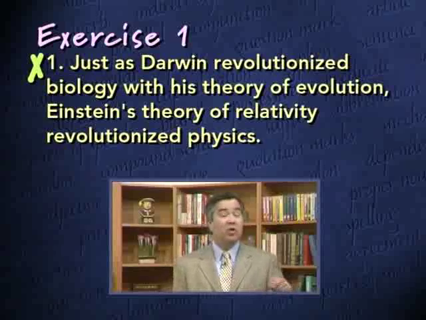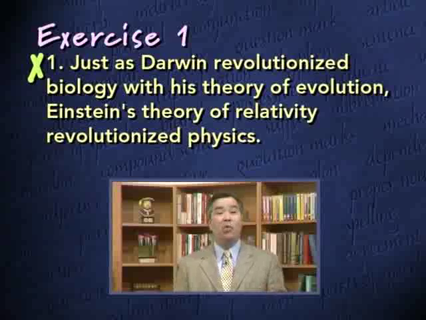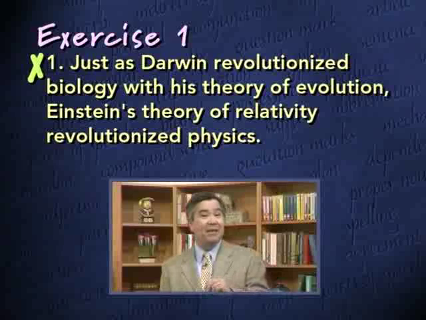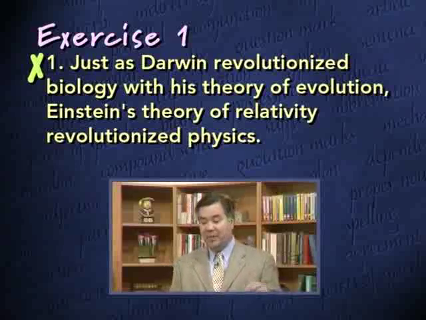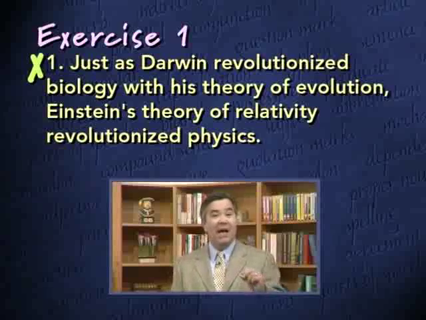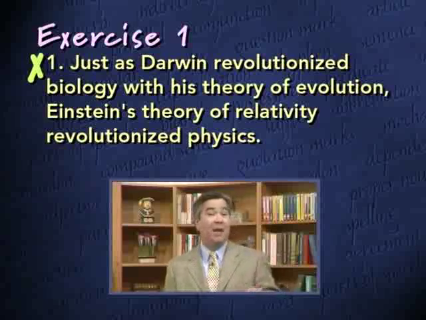To make the 2 clauses parallel would strengthen the sentence by making the relationship between the 2 ideas that much more clear. Why don't we rewrite the second clause to make it match the first clause grammatically? Just as the first clause begins with the name of the scientist, the second clause should begin with Einstein. The first clause says Darwin revolutionized biology.